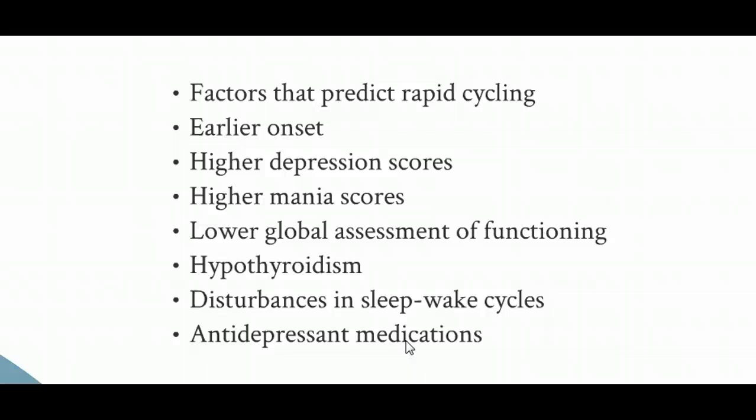But if somebody does have bipolar disorder and you treat them with antidepressant medications, it'll treat the depression, but the person can go into a manic episode then. And that's not good. So we use a different category of drugs called mood stabilizers or neuroleptics to treat bipolar disorder.